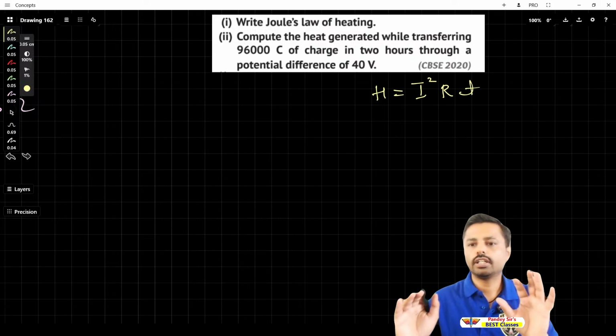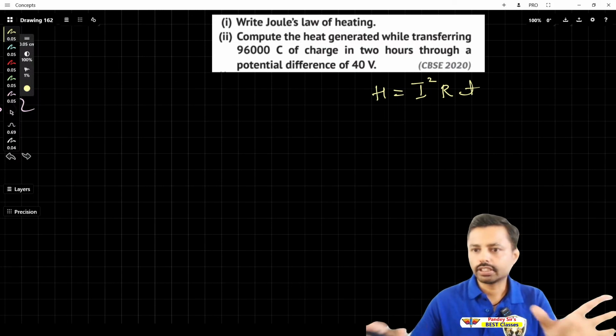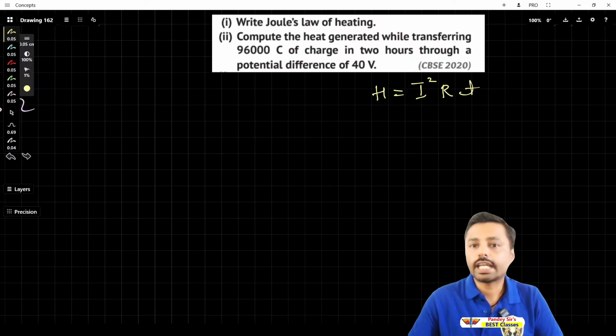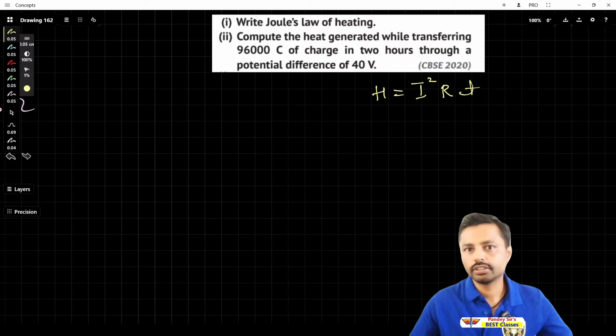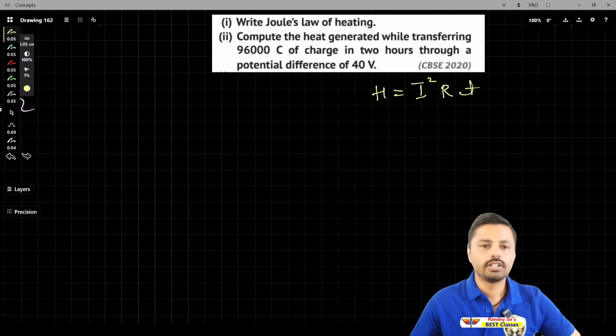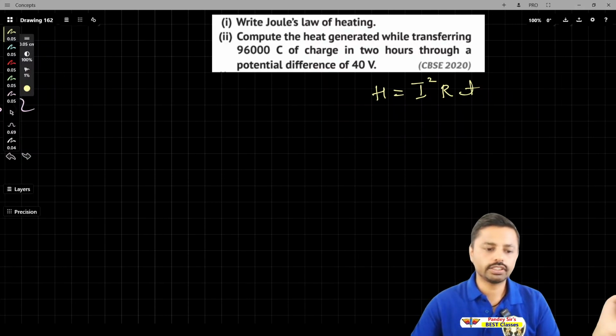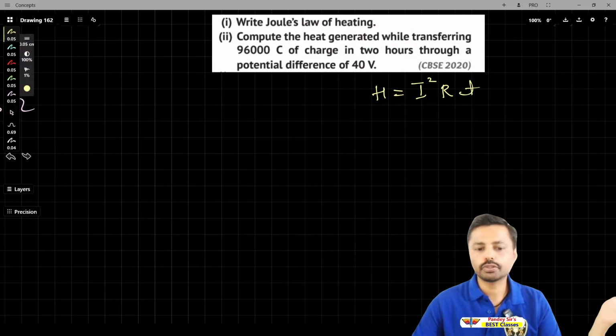So the heat generated in a circuit is directly proportional to the resistance and time, and it's directly proportional to the square of the current flowing through it. That's it, as easy as that. But in the book's language, you can say: A, it's directly proportional to the square of the current flowing through it. B, directly proportional to the resistance of the conductor.